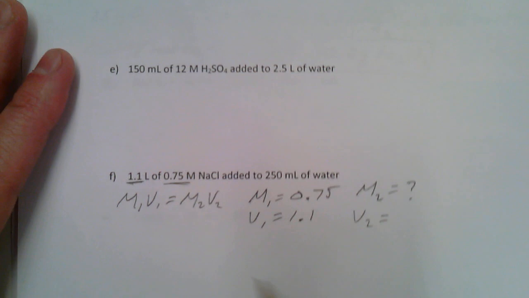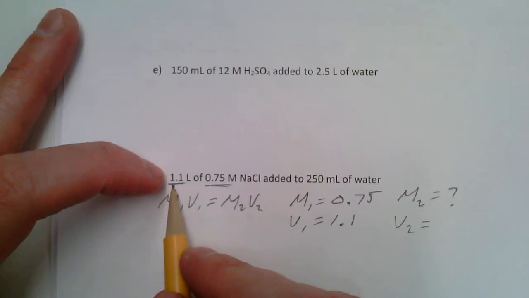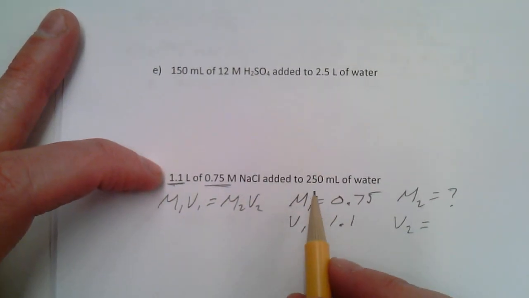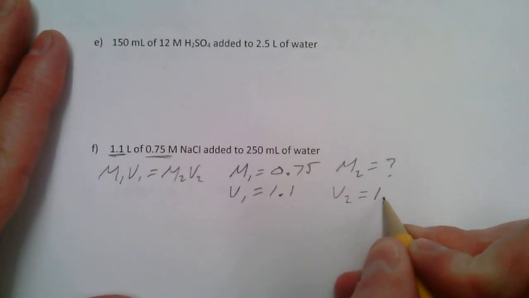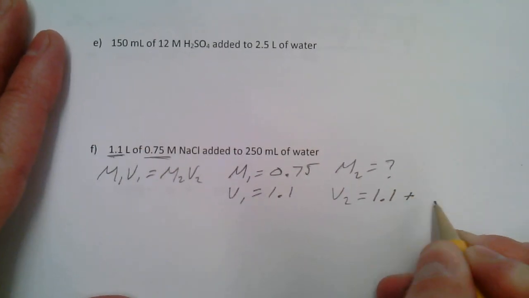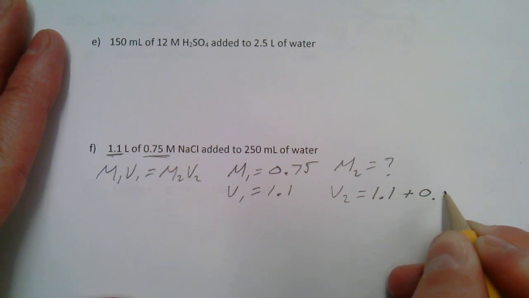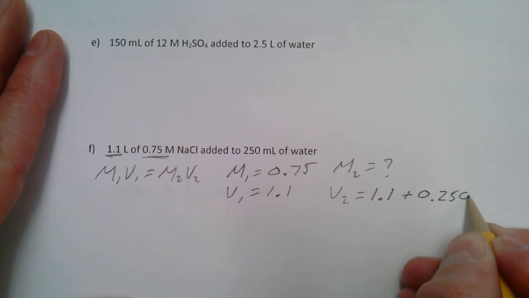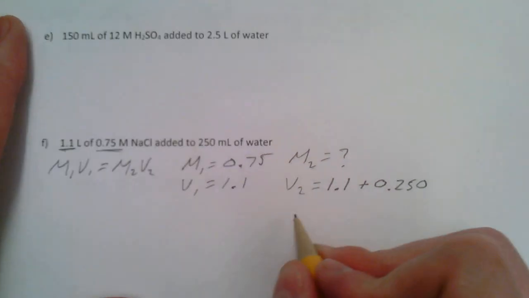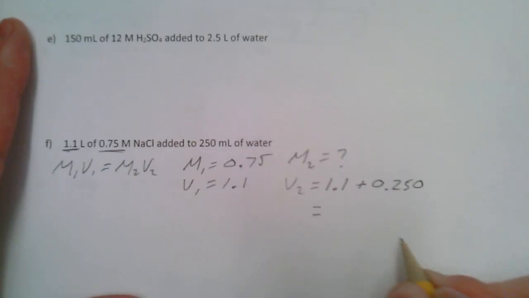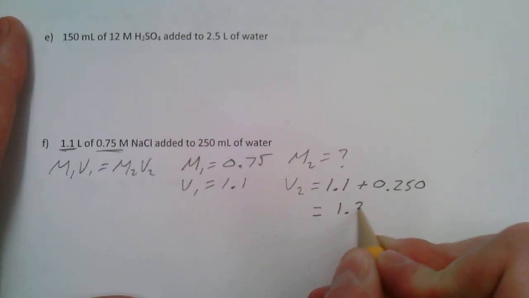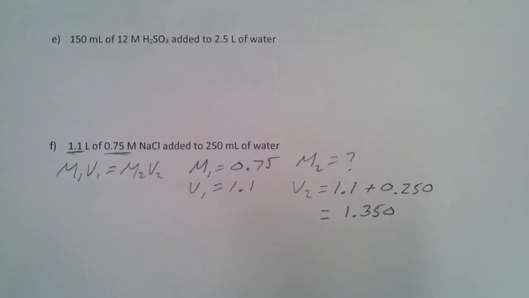So think about it like this. You're given 1.1 liters and you add 250 milliliters to it. So that means your new volume is 1.1 plus, and we have to convert that to liters, 0.250. So really, your V2 is 1.350.